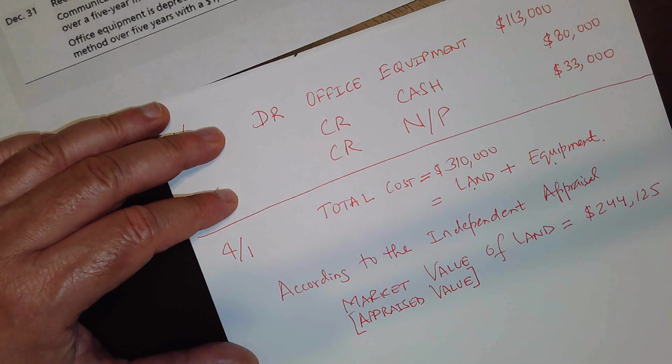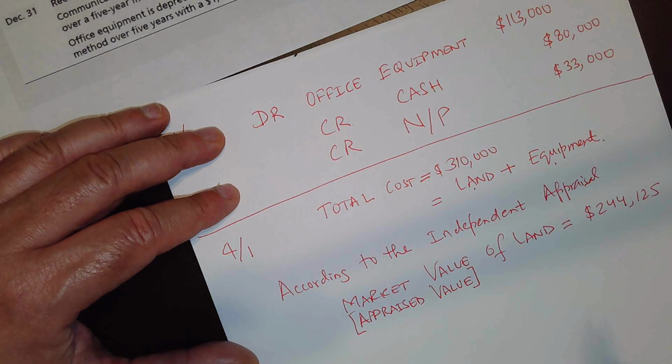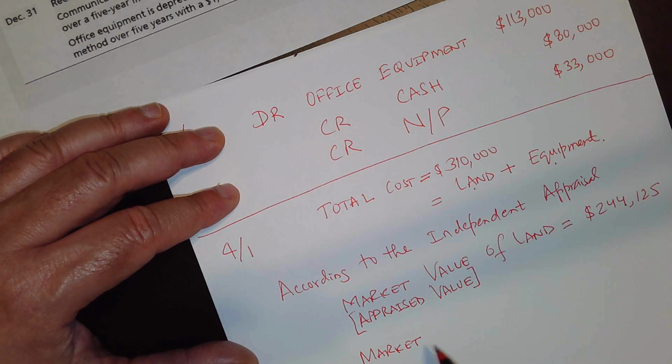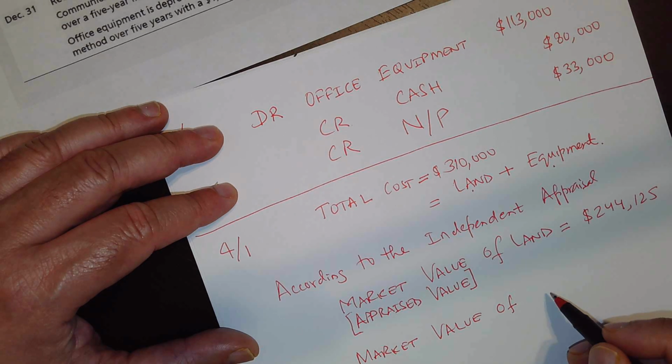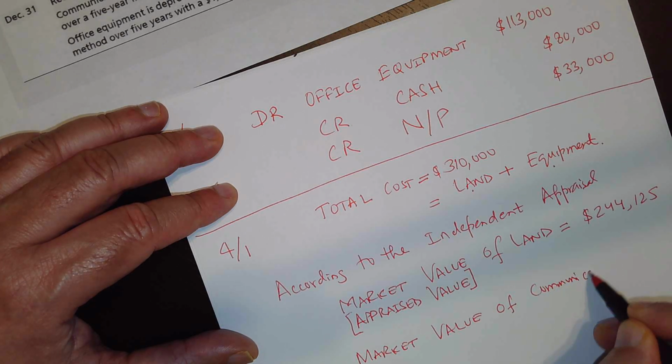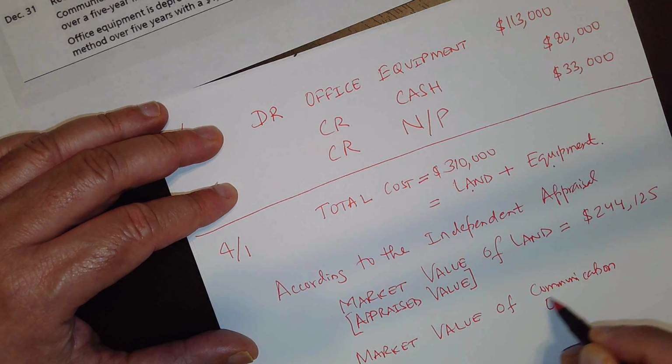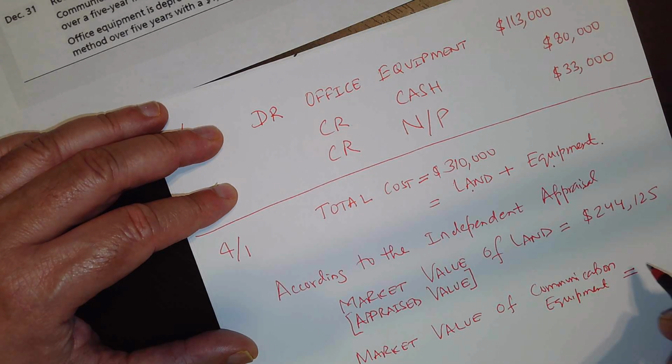So the market value of land is $244,125, and the market value or appraised value of communication equipment is equal to $81,375.